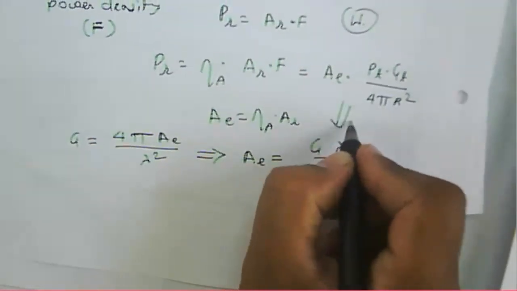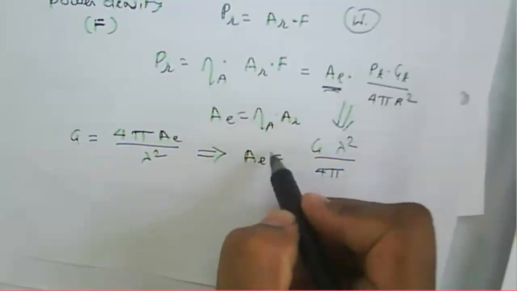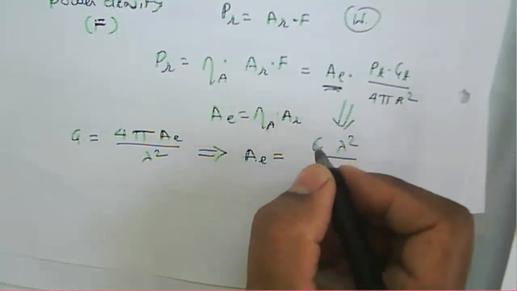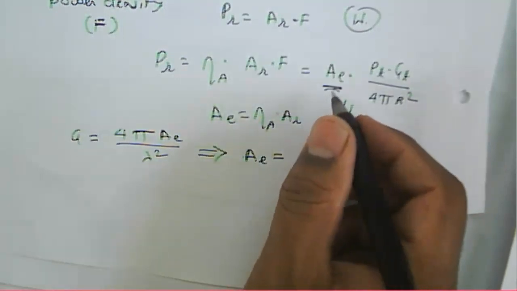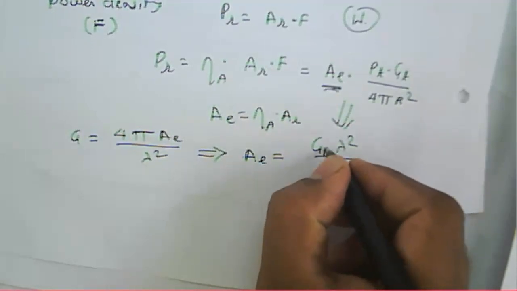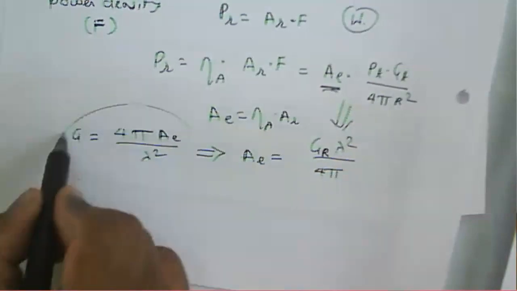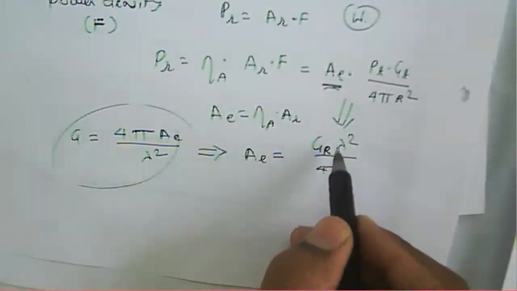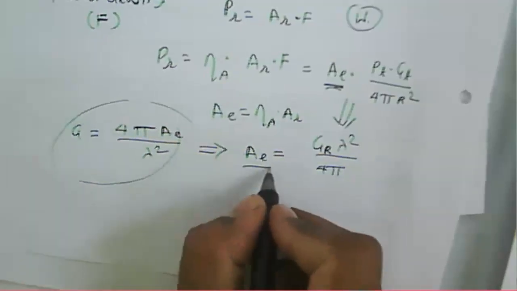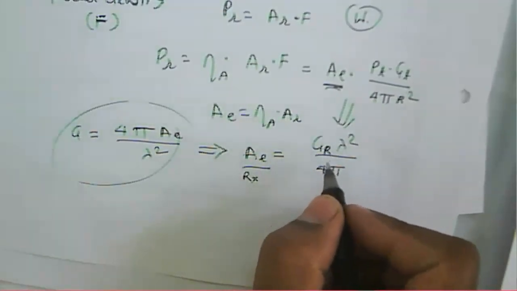Now in the above case, AE is nothing but the effective area of a receiving antenna, so the gain is for the receiving antenna. Here we are just rewriting the term with respect to gain. This one is for the receiver, so similarly the gain is for the receiver also.